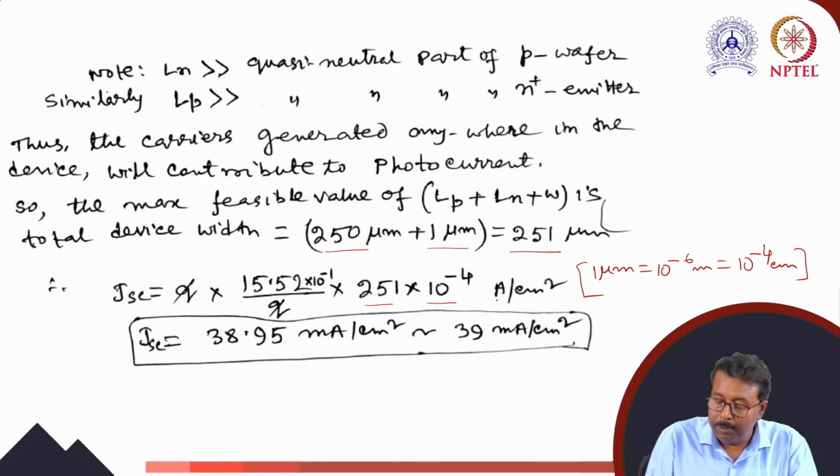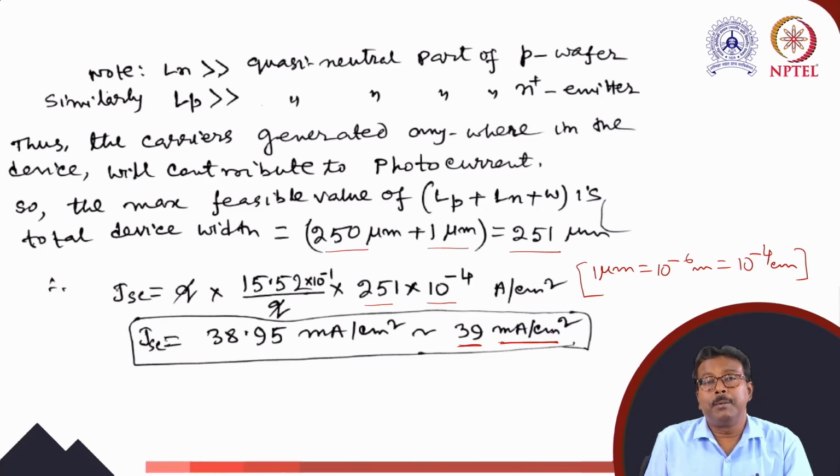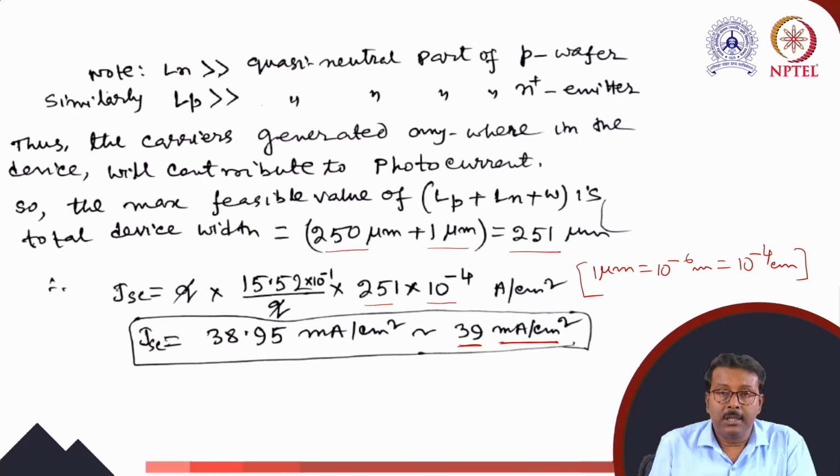The JSC value will come in ampere per centimeter square. This is a mixture of units, ampere in SI and centimeter square. So 38.95 milliampere per centimeter square, or 39, is the very conventional and useful unit to represent the value of JSC.